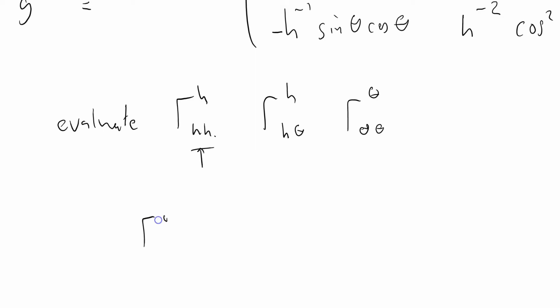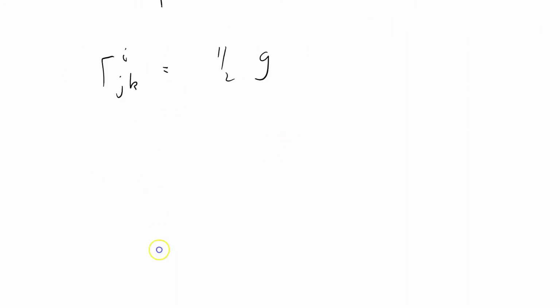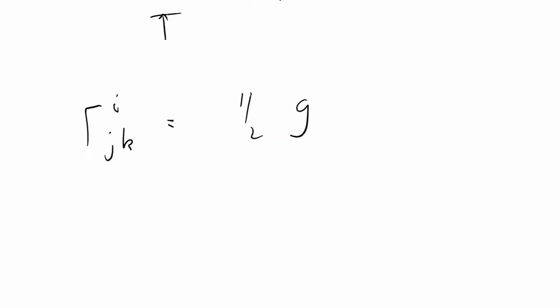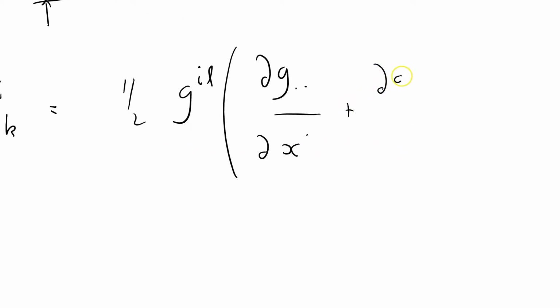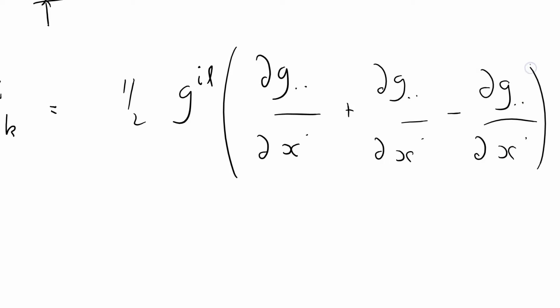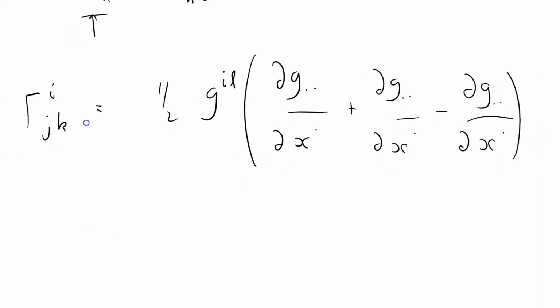So the general term i, j, k. Now these are indices, so that's a half g. Now let's see if I can get this right. That i there is this i here, and it's going to sum over l, g i l times the partial derivative of g something by the partial derivative of x something, plus the partial derivative of g something by the partial derivative of x something else, minus the partial derivative of g by the partial derivative of g.